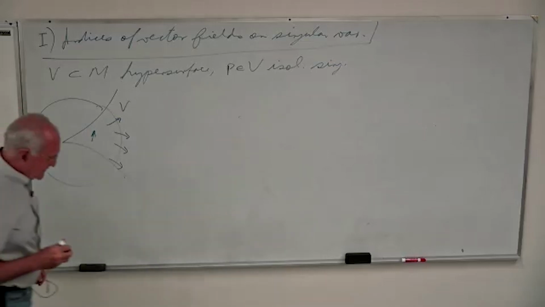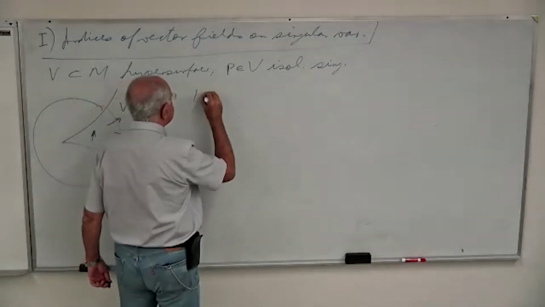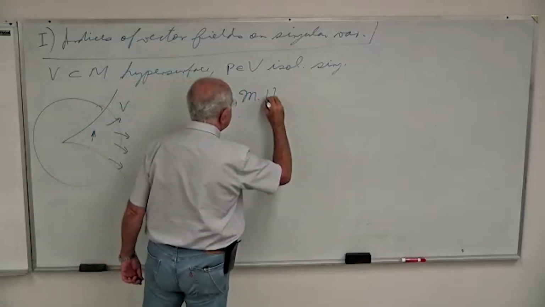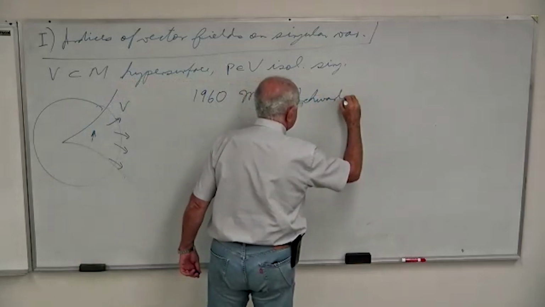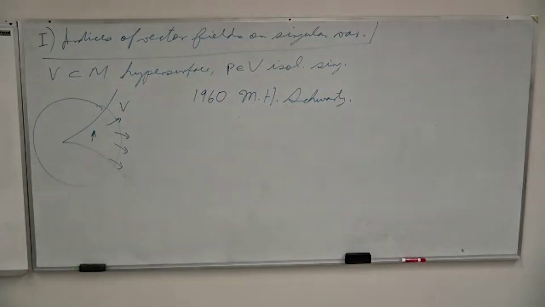The first considering this kind of problems was in the early 60s, Marilyn Schwartz. What she was actually interested in, I will come to later, was Chern classes for singular varieties. And she didn't want to consider vector fields in general. She just considered one particular type of vector fields that she needed.